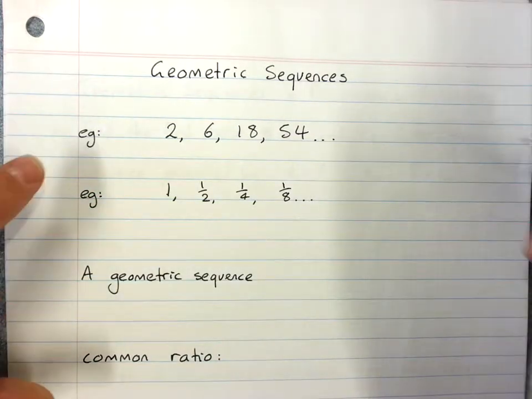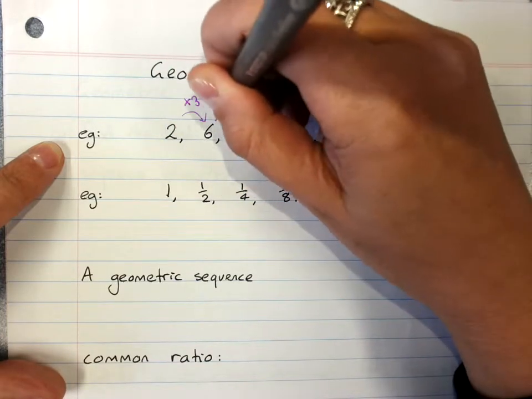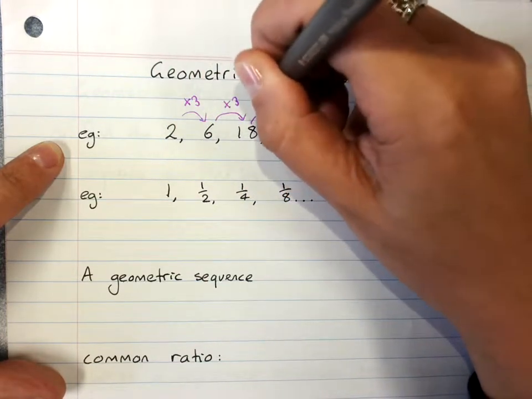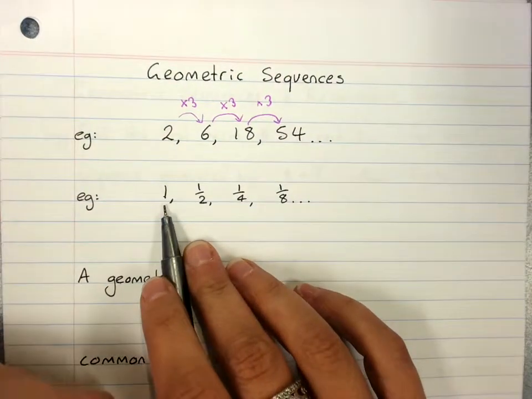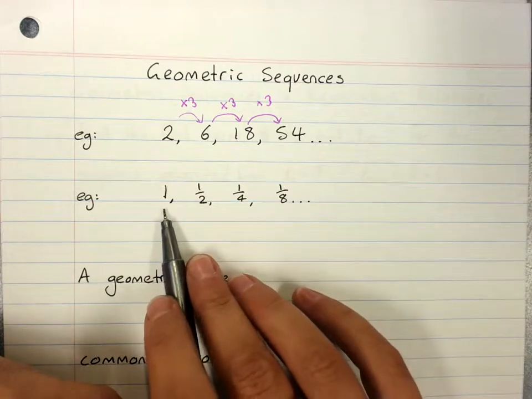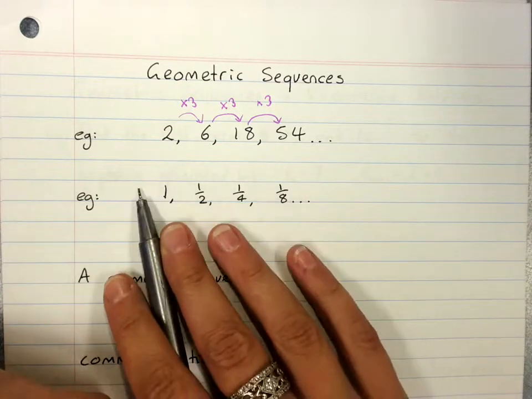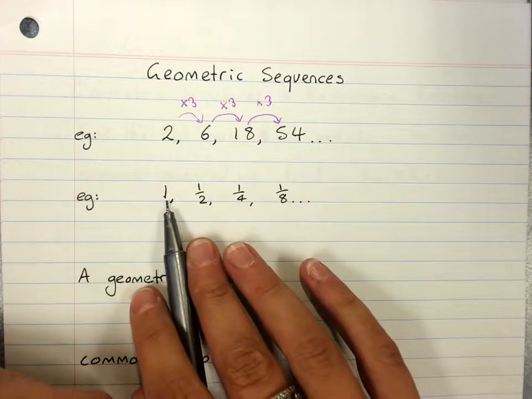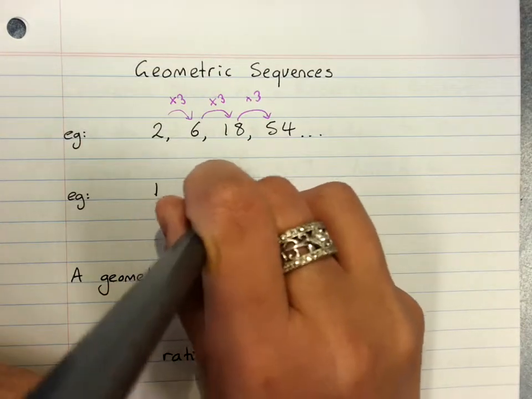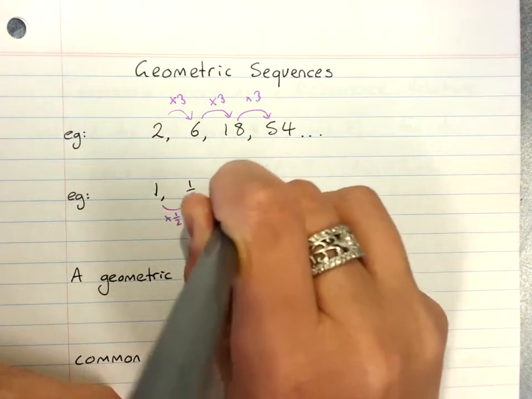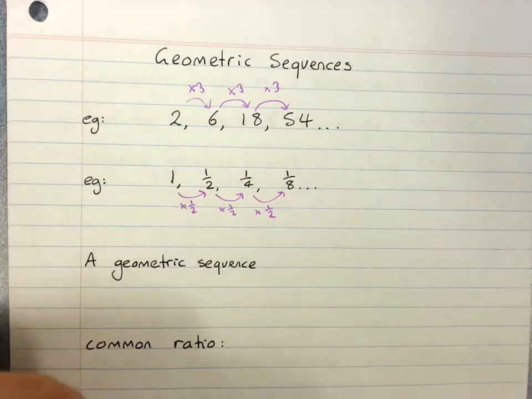So in this sequence here we are multiplying by 3 to get from one term to the next. In this sequence here, it looks like we're dividing by 2, but we only ever talk about it in terms of multiplication. Dividing by 2 is the same as multiplying by a half. So here, my common ratio is a half.